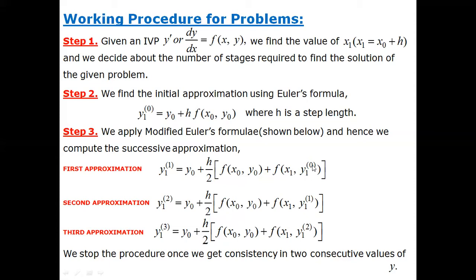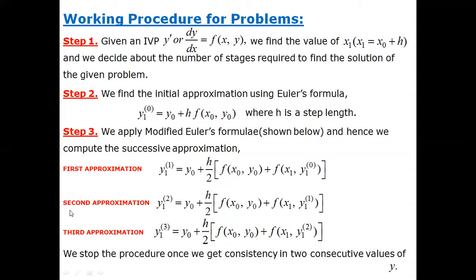This y1 power 0 is the initial approximation. So let us substitute the x naught value, y naught value, step length, x1 which is calculated here, and y1 power 0 which is obtained in step 2, and simplify, we get the value of the first approximation.